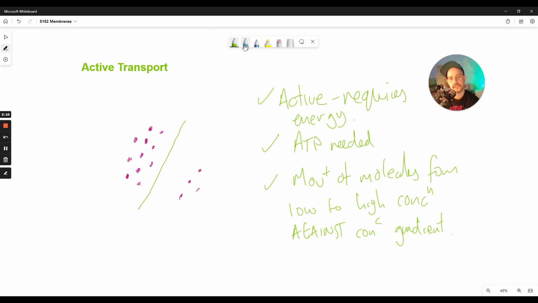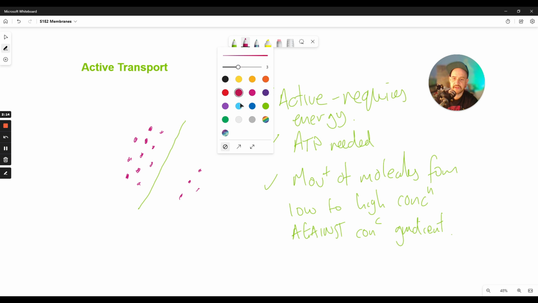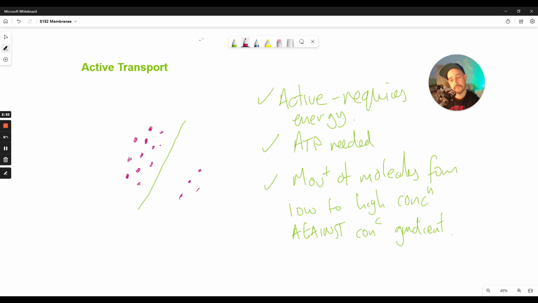Okay, so if we were to look at our diagram here, we will see that it is moving in the opposite direction to our diffusion process. Okay, so here we've got a high concentration on the left and a low concentration on the right. And if we want more molecules to go left, we're going to have to use ATP, and it's going to have to be active transport. Okay, so ATP is used, and the molecules will be moving across against a concentration gradient.